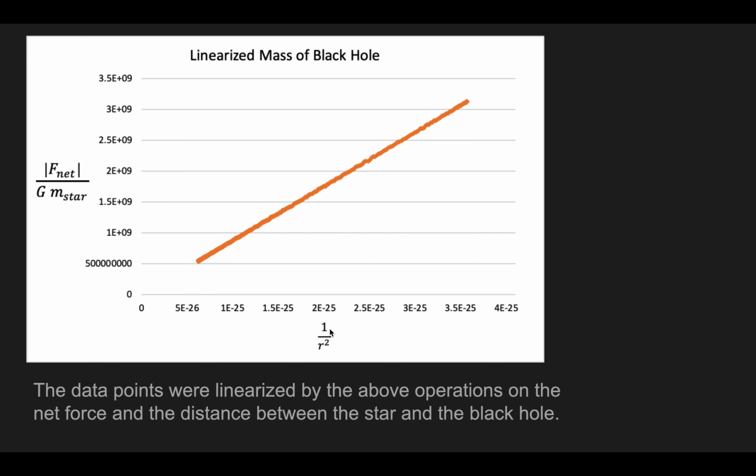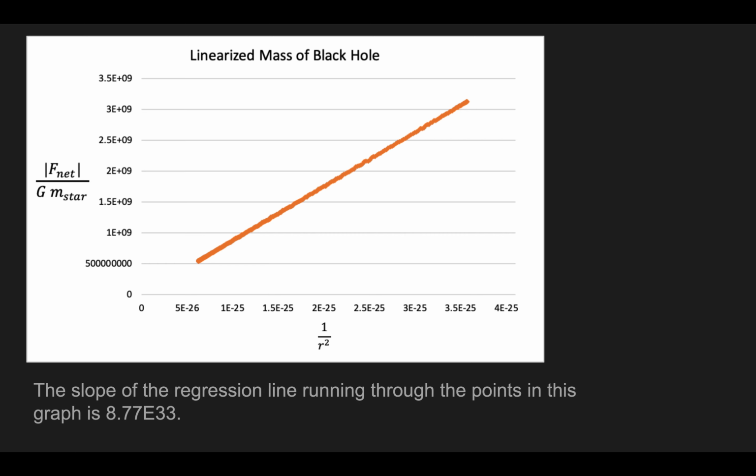And we can see that even as the radius changes, the net force changes in order to keep this relation linear. And the slope of this line is equal to 8.77 times 10 to the 33.